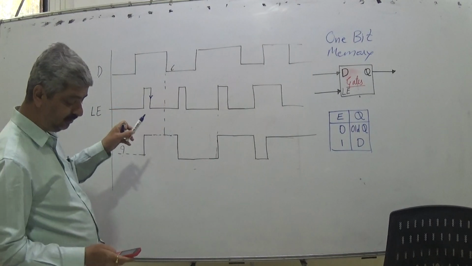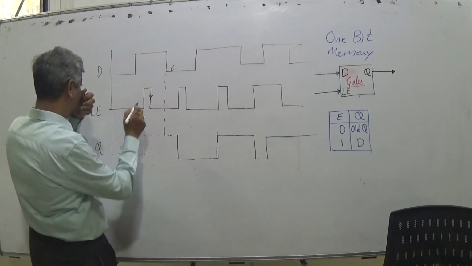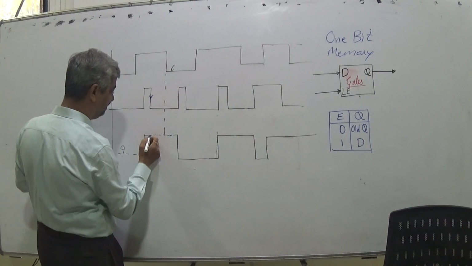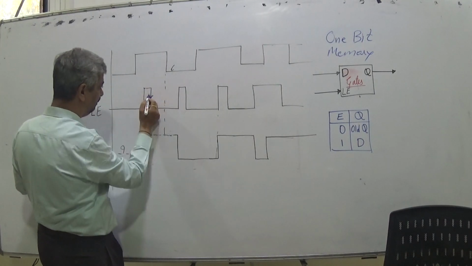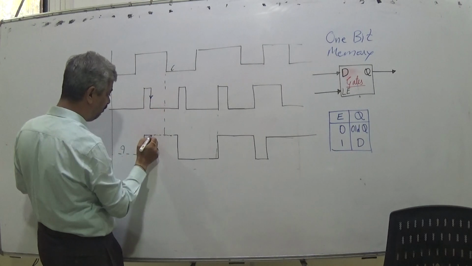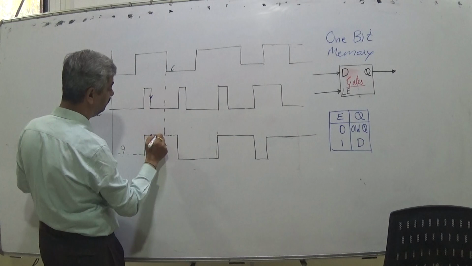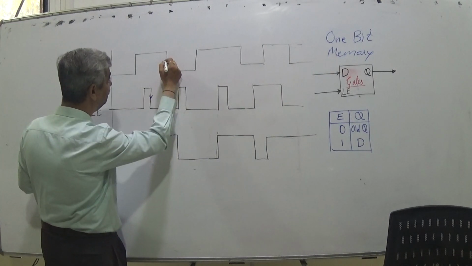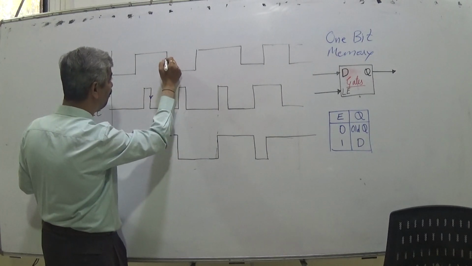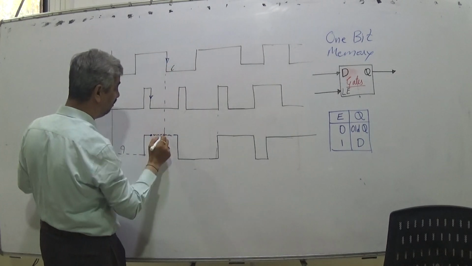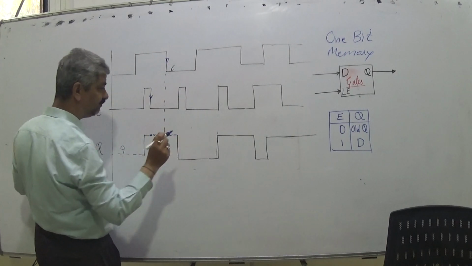So even if this changes, it doesn't, even if now this latch enable becomes 0, whatever was Q continues, and even if this D becomes from 1 to 0, there is no change in the output.